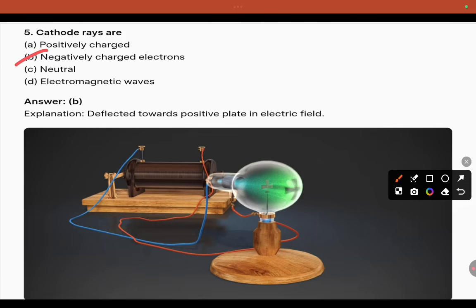Sorry if there is any discomfort. So cathode rays are negatively charged electrons, deflected by the electric field towards the positive.